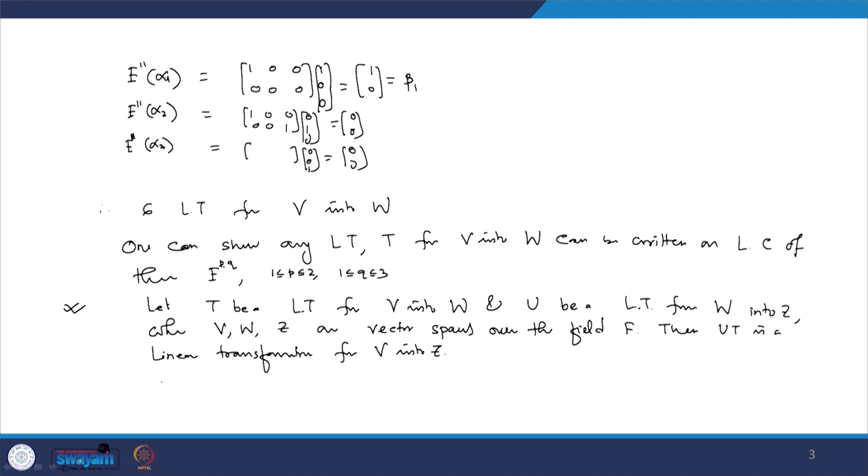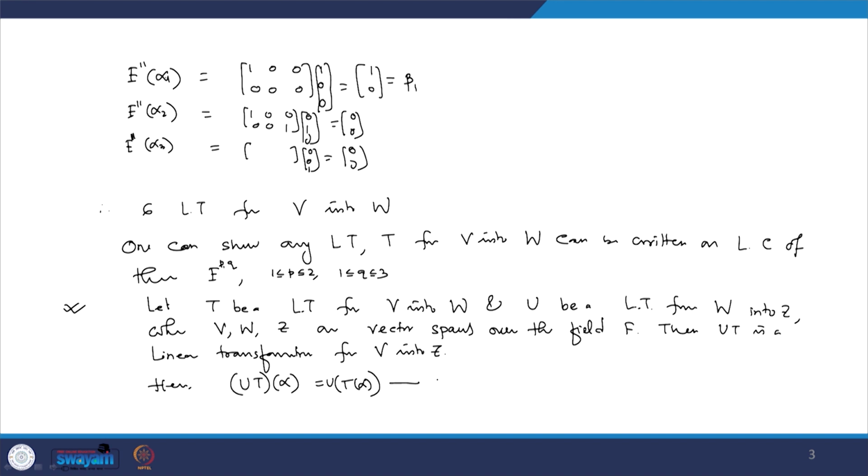How? So, here UT operating on alpha is equal to U of T of alpha. This is the definition.